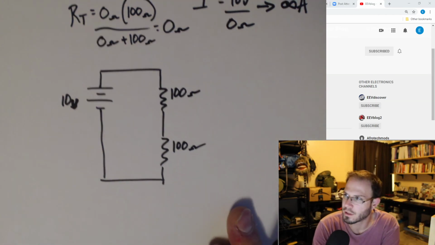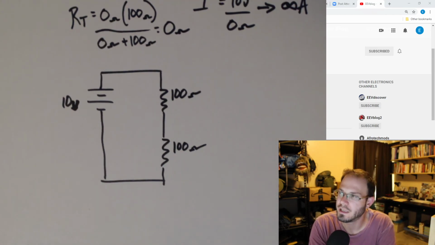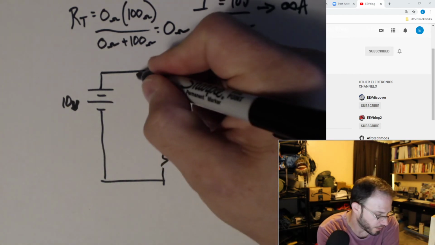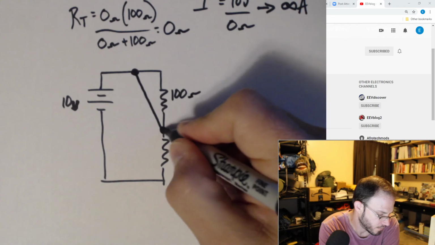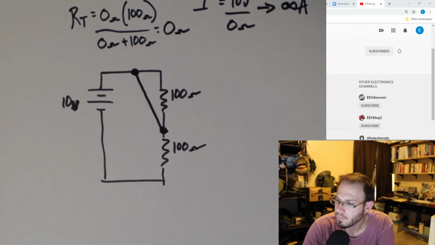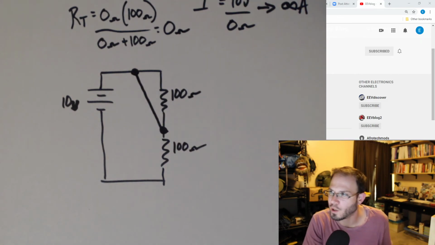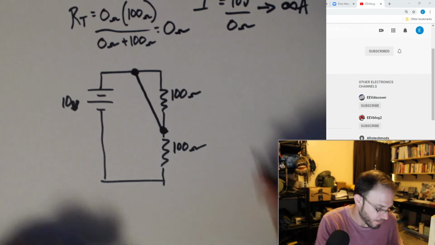Let's say I have 10 volts applied to 200 ohm resistors. Well, what if I only short right there? So without the short, how much current do we have going through this circuit?